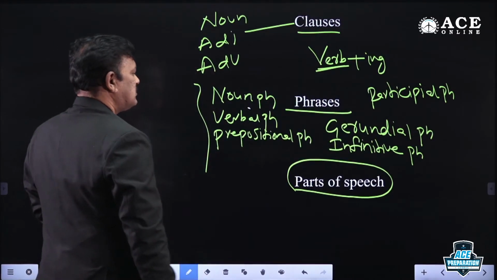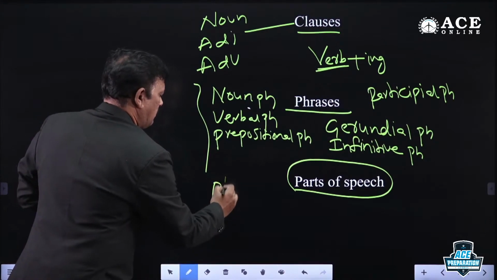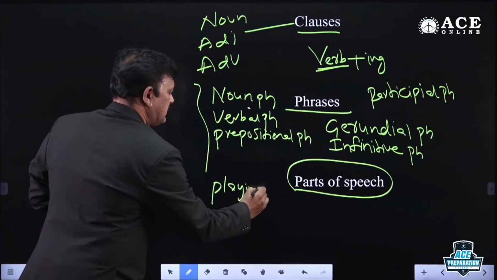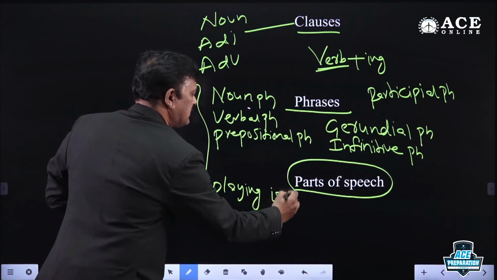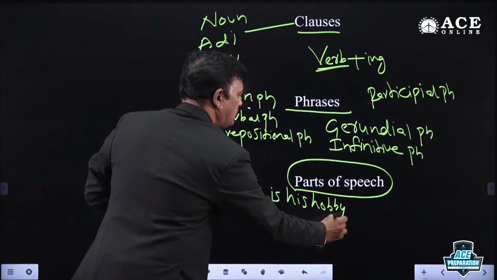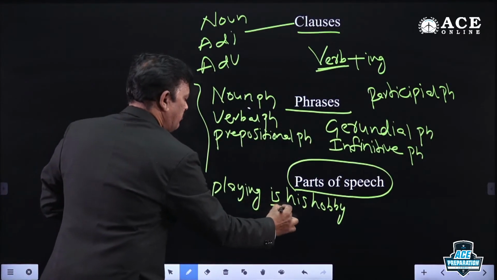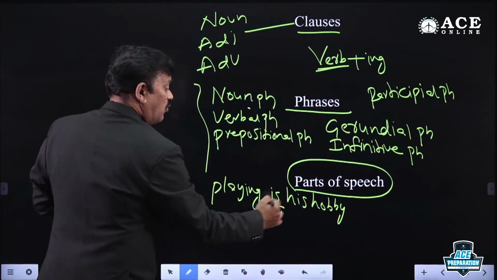Okay? See this sentence here. Playing is his hobby. Give me the SV structure, verb. What is his hobby?